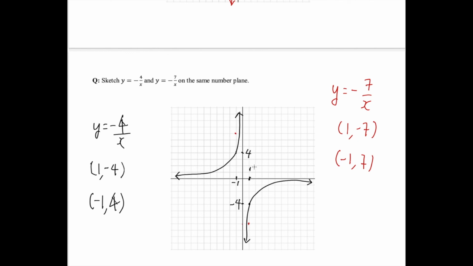So like I said, you can use your knowledge of hyperbolas. We know that this one is going to be inside this one, so I'm just going to draw it. Like I said, these 2 hyperbolas should never touch, okay? They're untouchable. And this one should look like this.